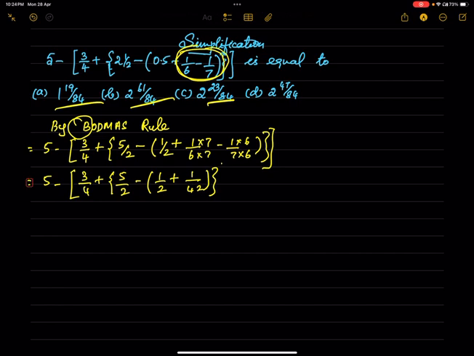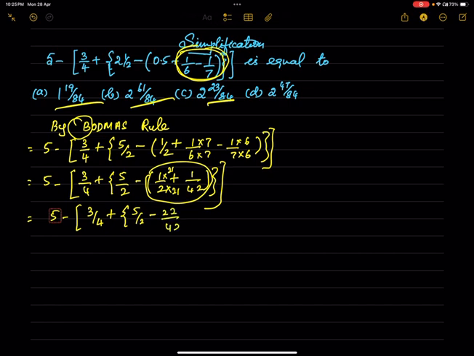Next, my intention is to remove this curve bracket. What is the LCM of 2 and 42? That is 42. So multiply numerator and denominator by 21. So 5 minus 3 over 4 plus 5 over 2 minus 21 plus 1, 22 by 42.